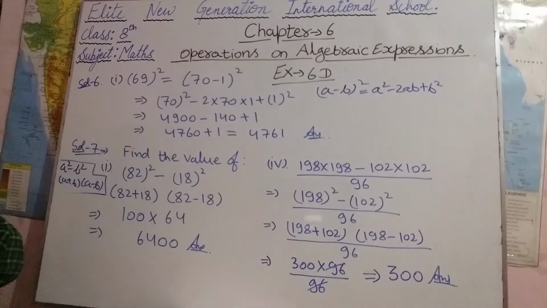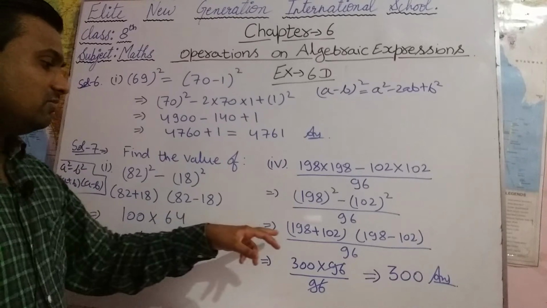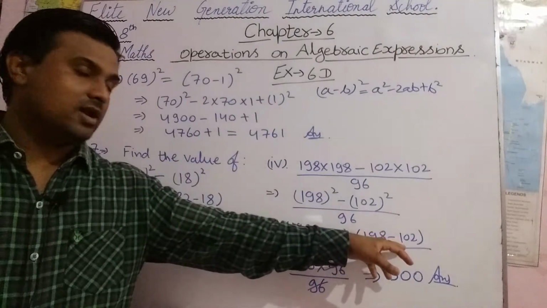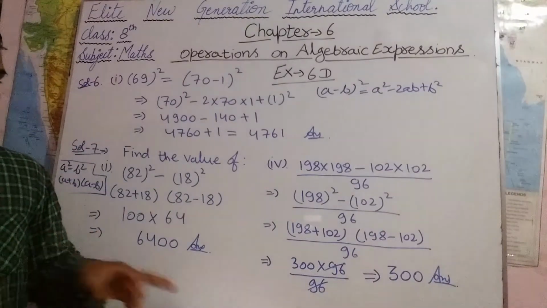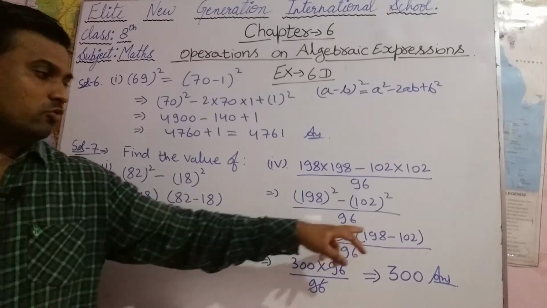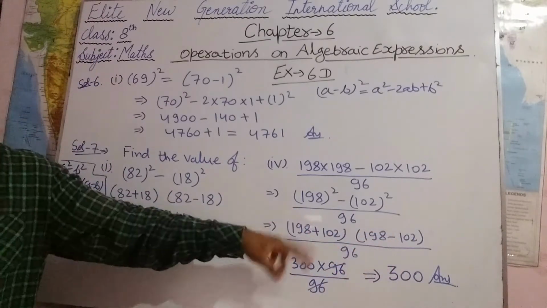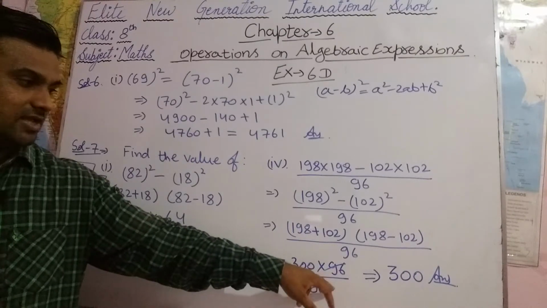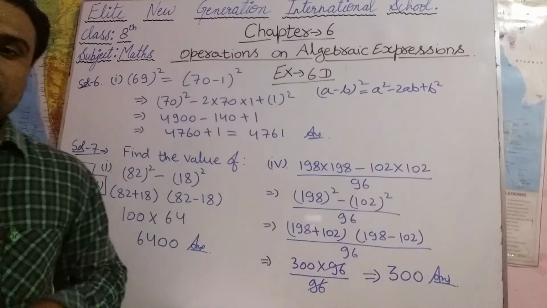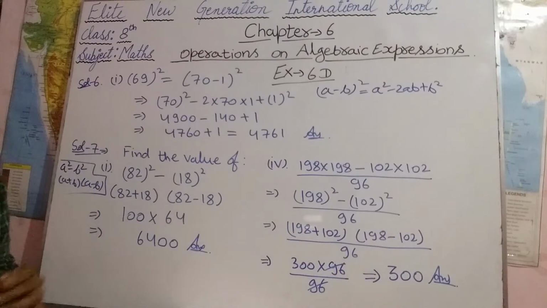Now by using the same identity, a plus b and a minus b, we get 198 plus 102 and 198 minus 102. So 198 plus 102 will be 300, into 198 minus 102 will be 96, upon 96. So 96 will be cancelled by this and it will remain 300. So the answer will be 300.